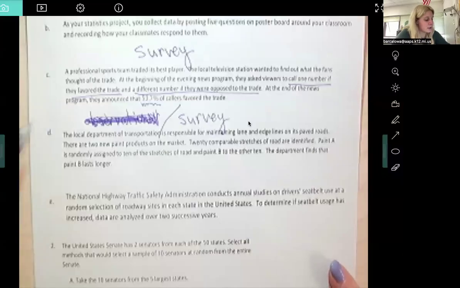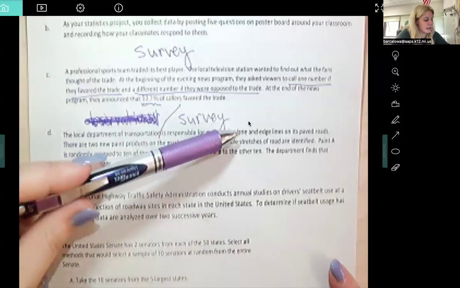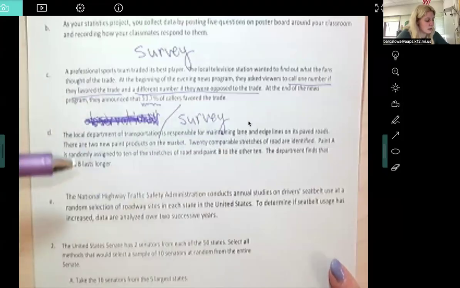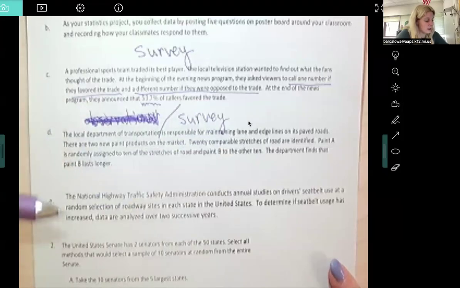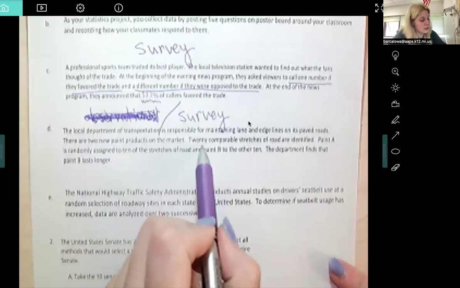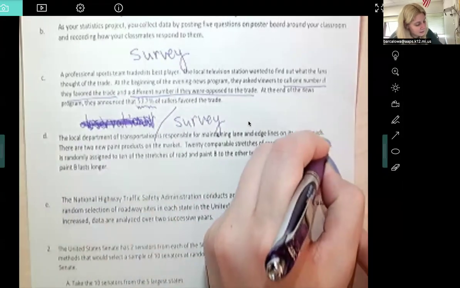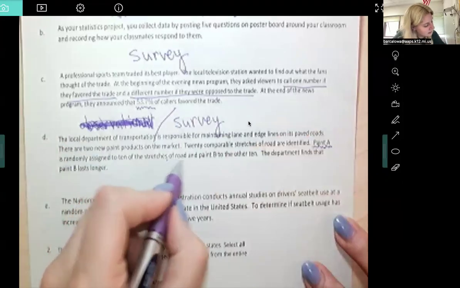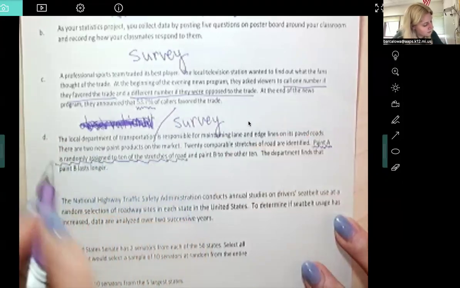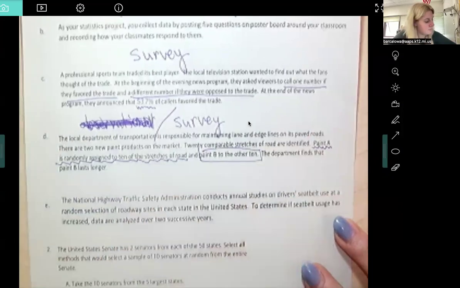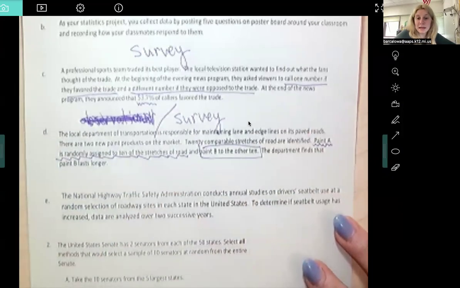The local Department of Transportation is responsible for maintaining lane and edge lines on its paved roads. There are 2 new paint products on the market. 20 comparable stretches of road are identified. Paint A is randomly assigned to 10 stretches of road and paint B to the other 10. And they discover that paint B lasts longer.